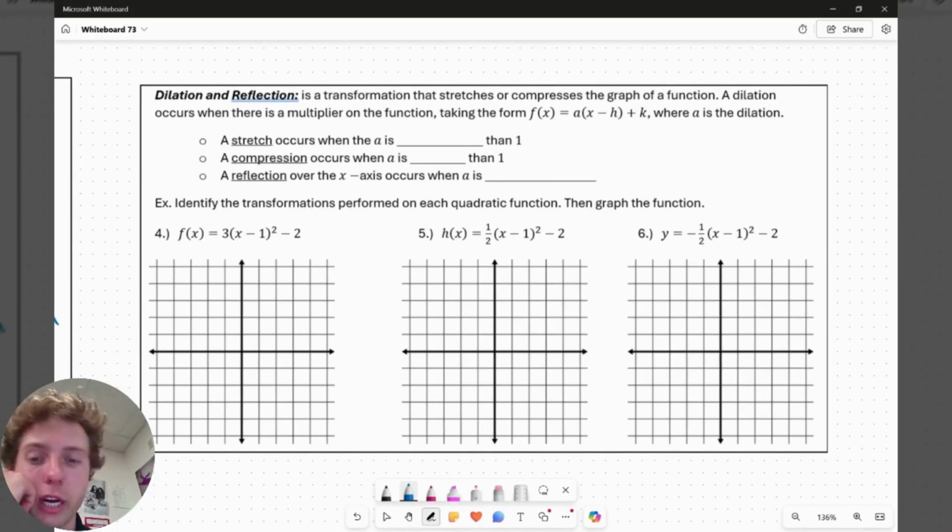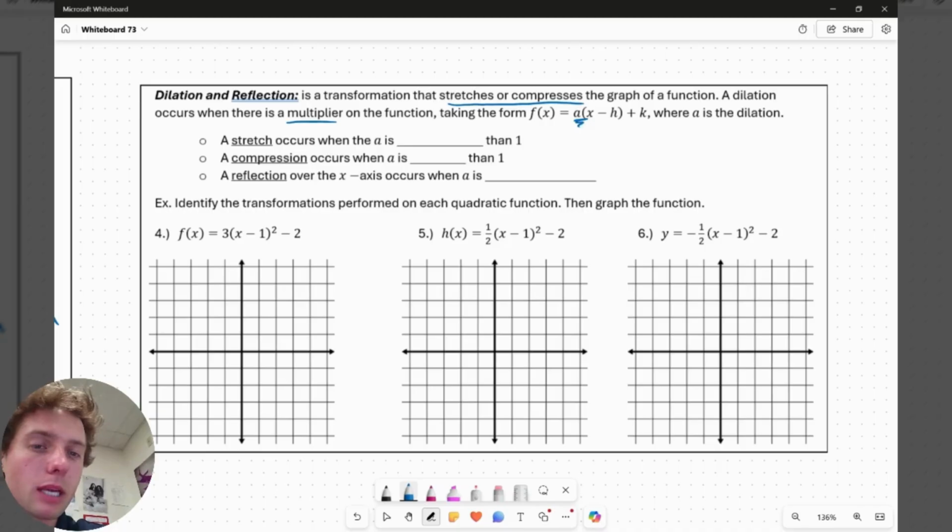Other transformations are what's known as a dilation and a reflection. Dilations are known as stretches or compressions of the graph. You can stretch it vertically, making it very skinny and tall, or you can compress it vertically, smushing it together and making the graph wider or fatter. A dilation occurs whenever there is a multiplier on the function.